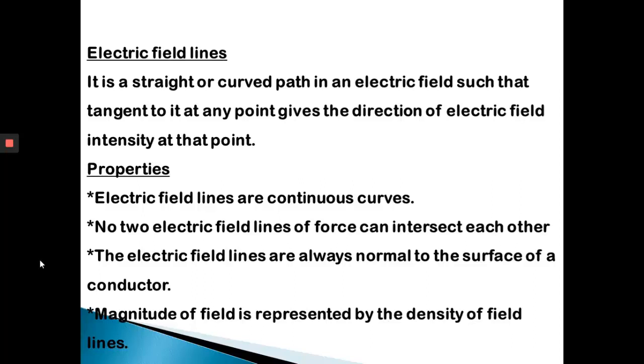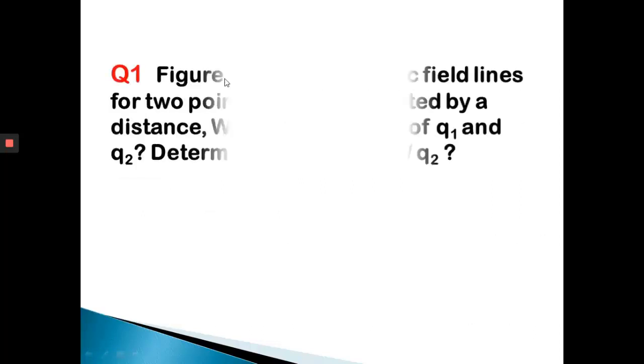In the first property, we said electric field lines are continuous curves, right? But they are not closed ones. You should remember that, because they start from the positive charge and end at the negative charge. It's not a closed curve. Clear? Now we are starting the questions.